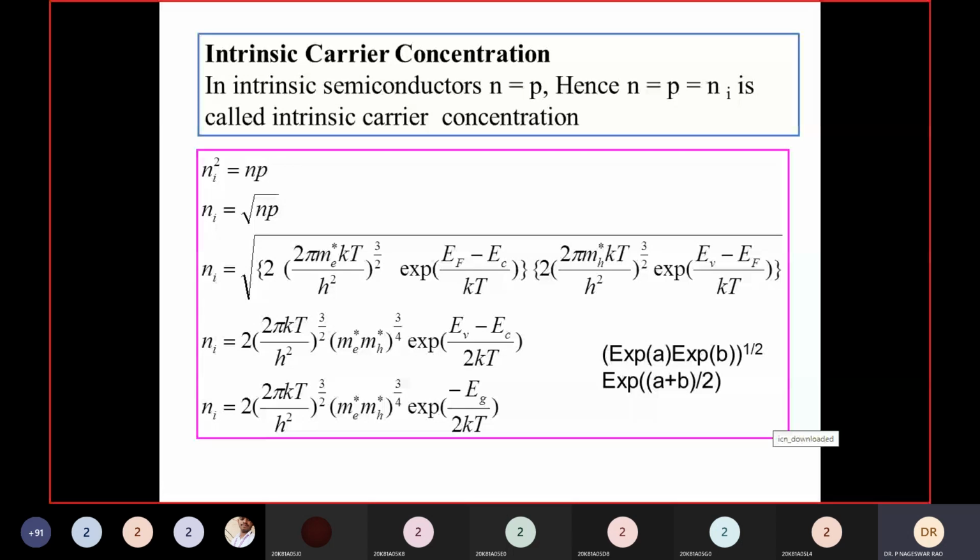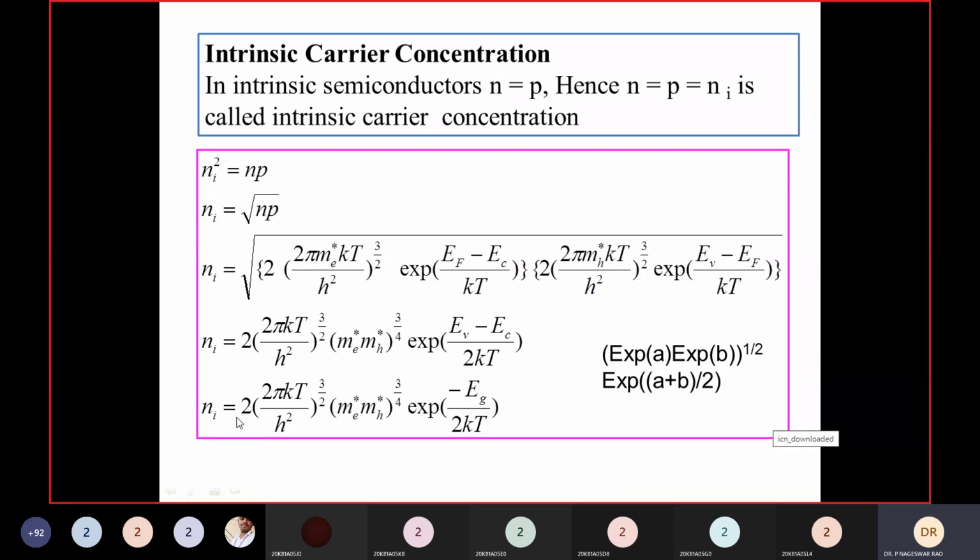If you take minus common here, Ec minus Ev, the lower limit of the conduction band minus the upper limit of the valence band, that subtraction gives the band gap. So the band gap is Eg, and we substitute that Eg value here.